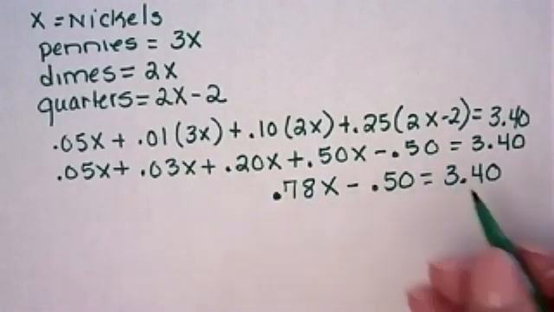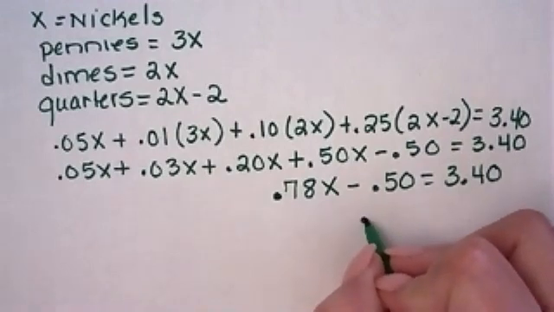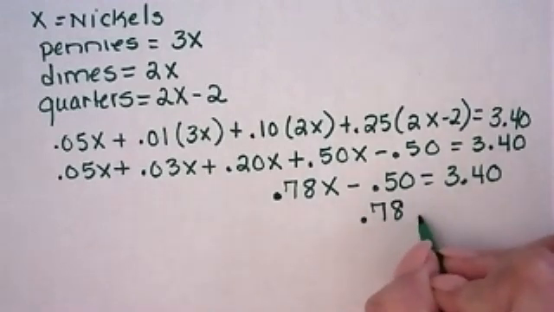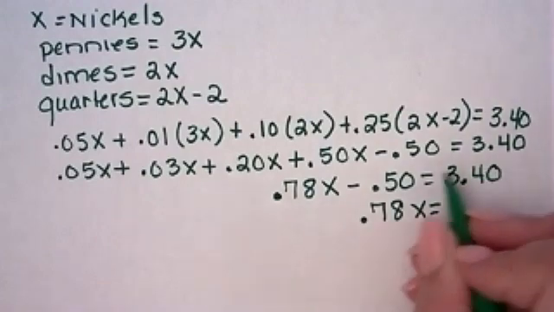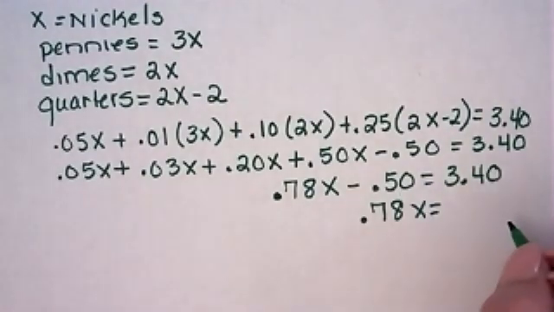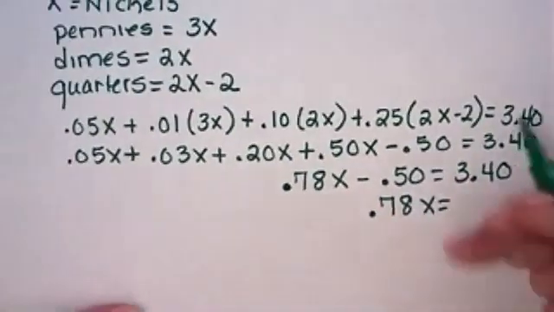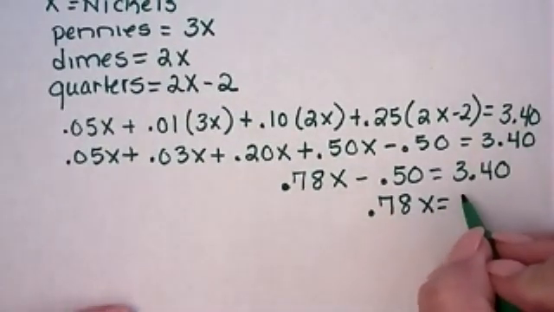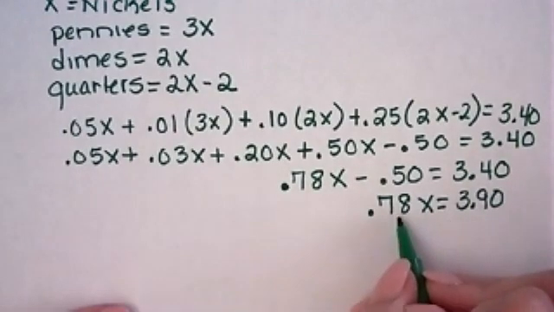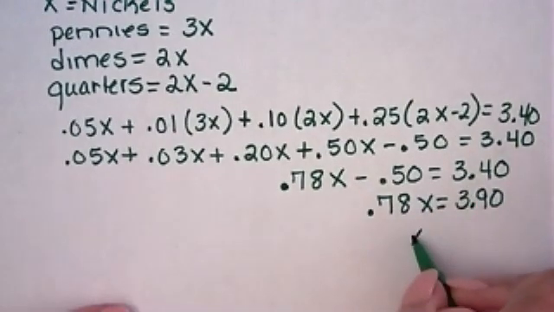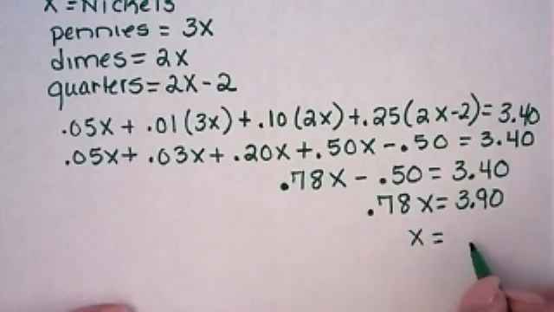Now, when I add the 0.5 to both sides, 0.78x equal to 3.40 plus 0.5. Well, I've got to add it. So I come up with 3.9. And when I divide by the 0.78, I get x is going to be equal to 5.